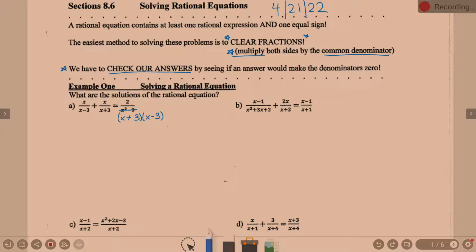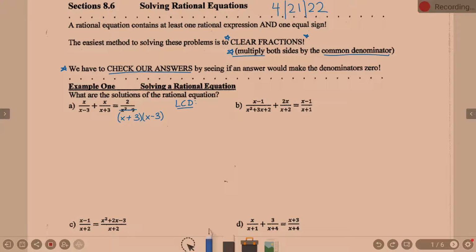My question to you is going to be, what would be the least common denominator for this problem? And think like we've been doing it the last couple of days. First thing I'm going to ask you is, what's in common, and then leftovers. Are there any pieces in common?